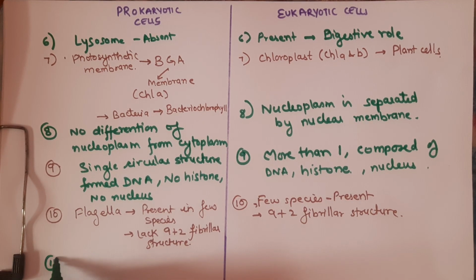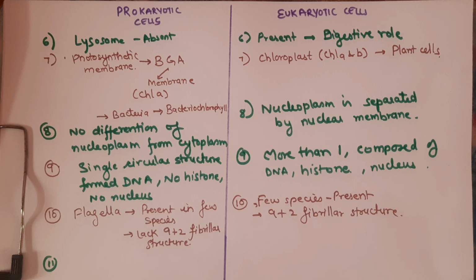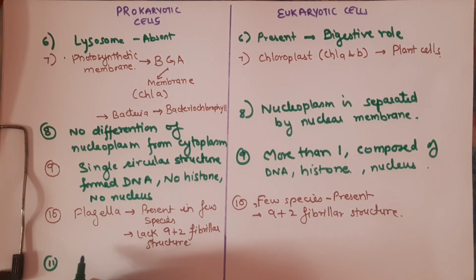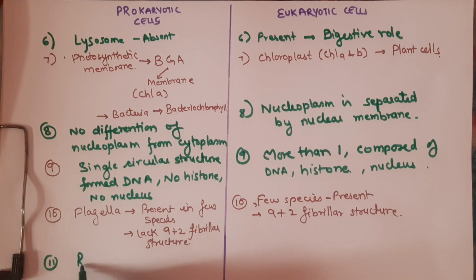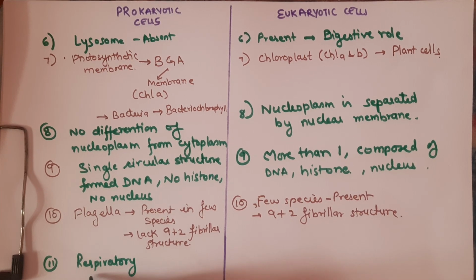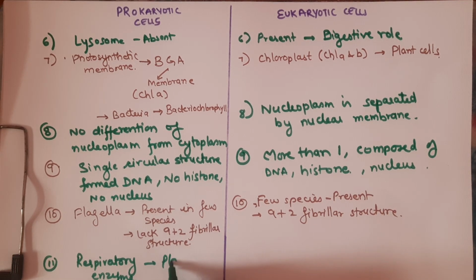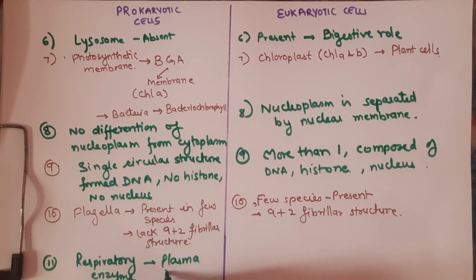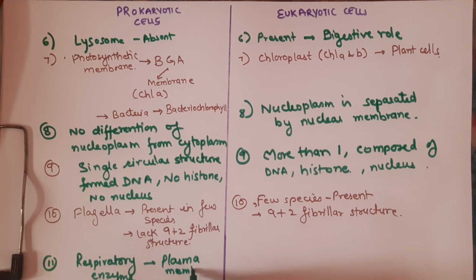The 11th difference between the two is in their respiratory enzymes. The respiratory enzymes in the prokaryotic cell are located on the plasma membrane and in the mesosomes.